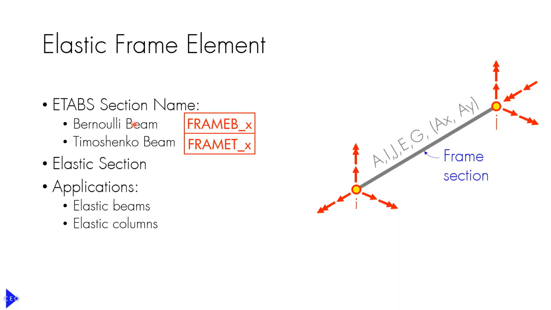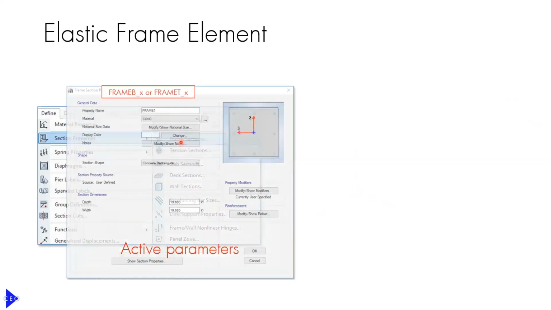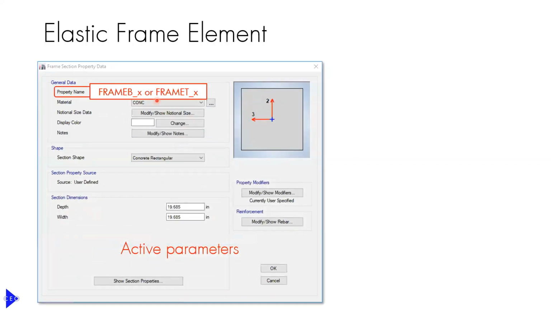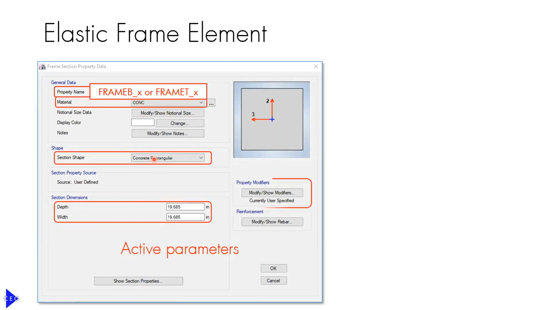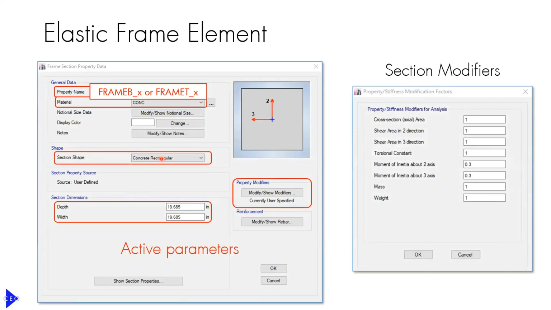And all you need to do is to define this section in ETABS, and you assign it a certain concrete, steel, or whatever material. You assign it a certain cross section. Most of the cross sectional shapes are supported. And then you assign stiffness modifiers or mass and weight modifiers.